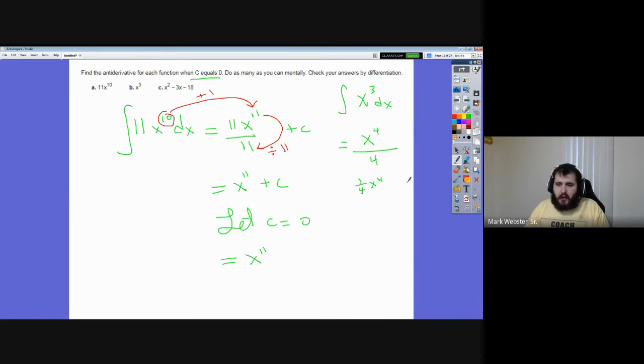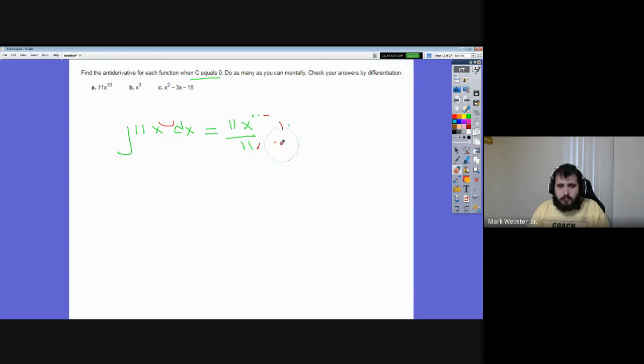And then the other thing I want to remind you is that it's okay to break this up. As long as it's a plus or minus sign, you're allowed to break these up. So let me erase all this so I can make some room.